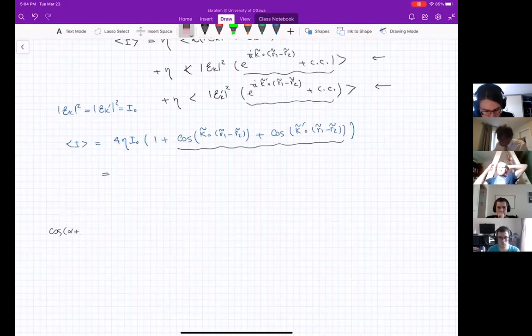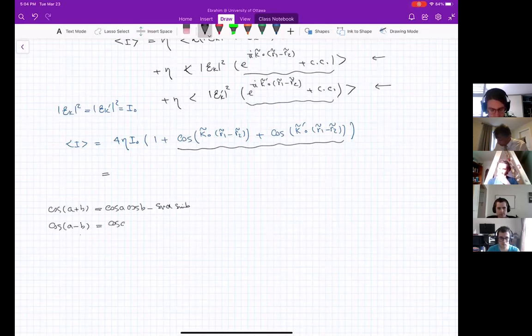Cosine of A plus B is cosine A cosine B minus sine A sine B, right? And cosine of A minus B is cosine A cosine B plus sine A sine B. Then 2 cosine A cosine B is equal to cosine of A plus B plus cosine of A minus B.